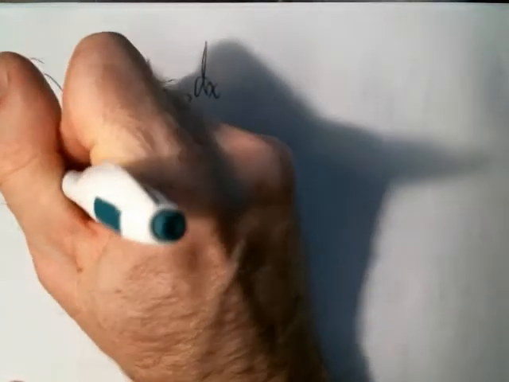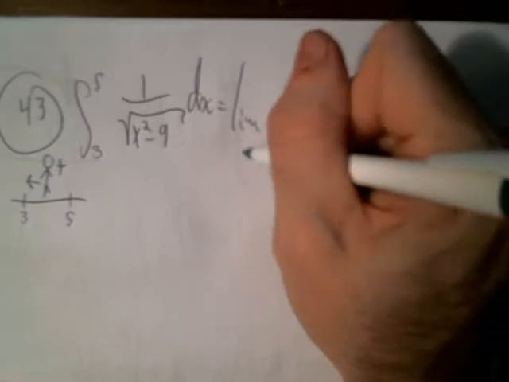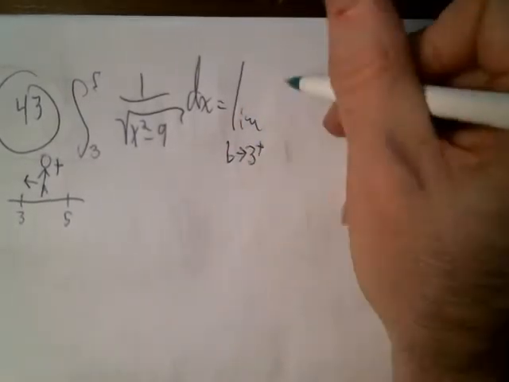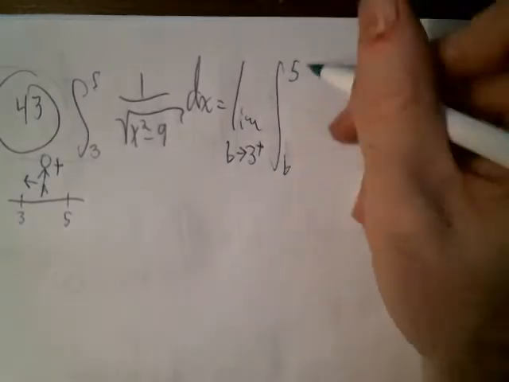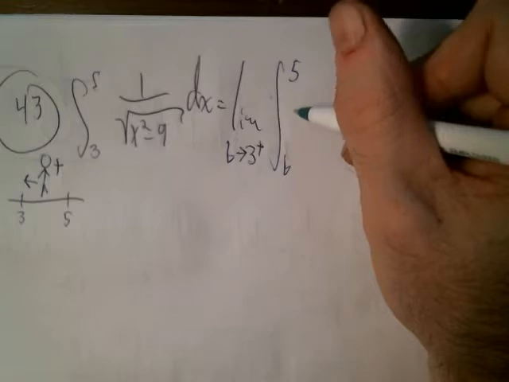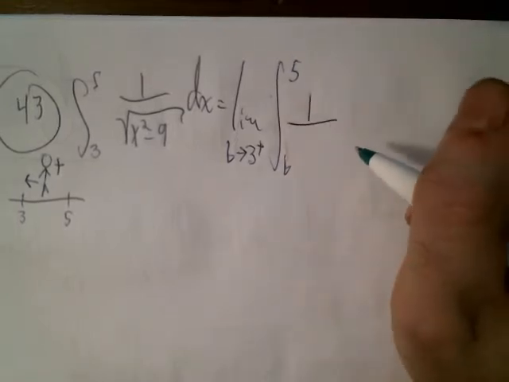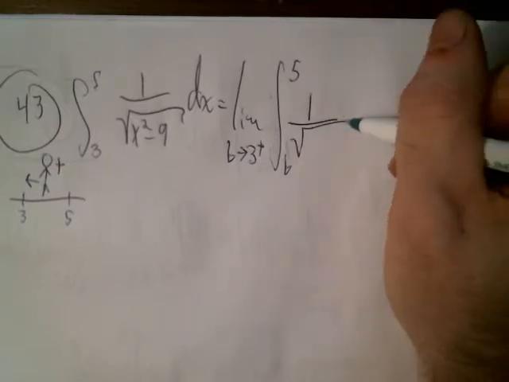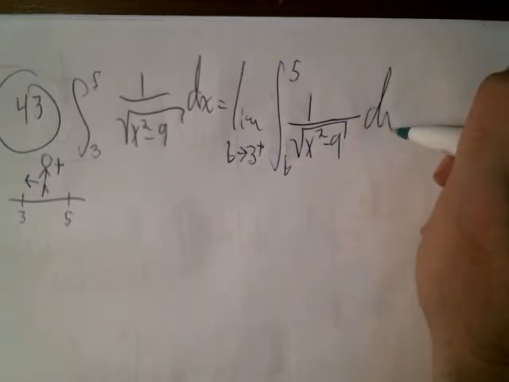Mr. Integrator is going to be coming in from the right. So I end up with the limit as b goes to 3 from the right of the integral from b to 5 of 1 all over the square root of x squared minus 9 dx.